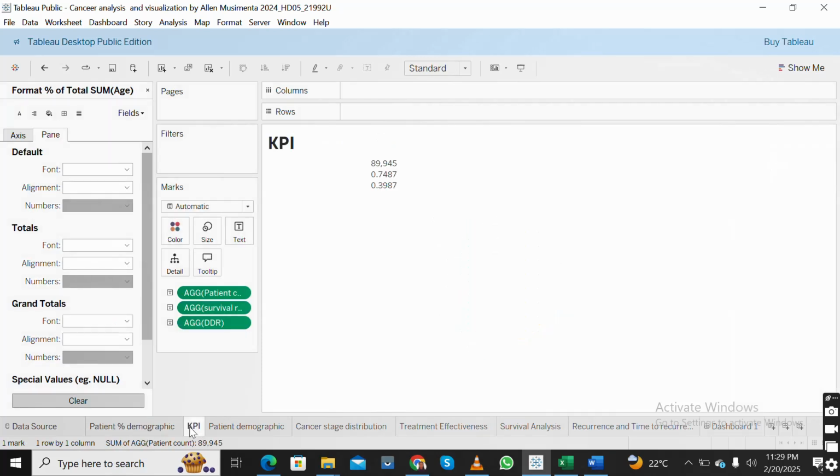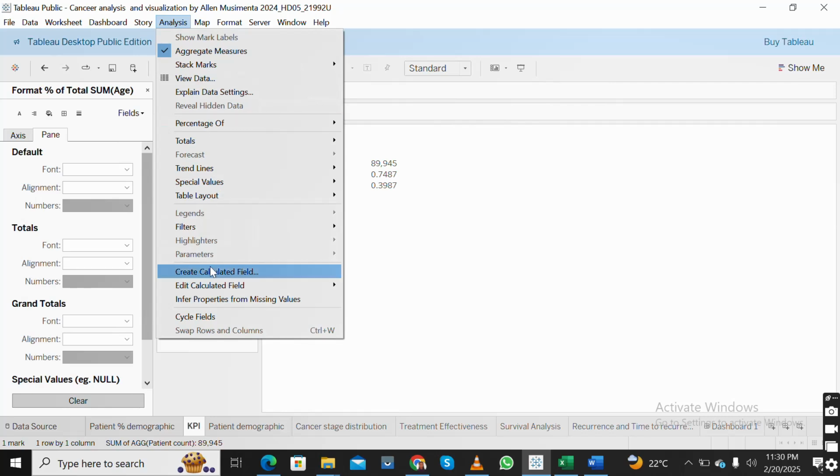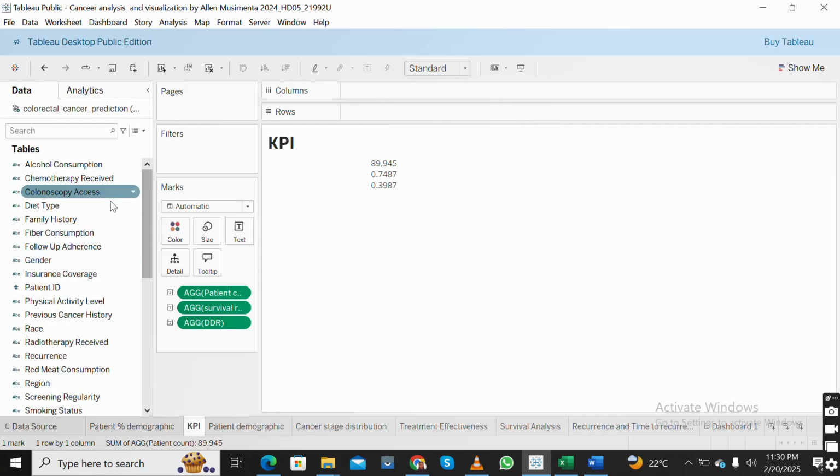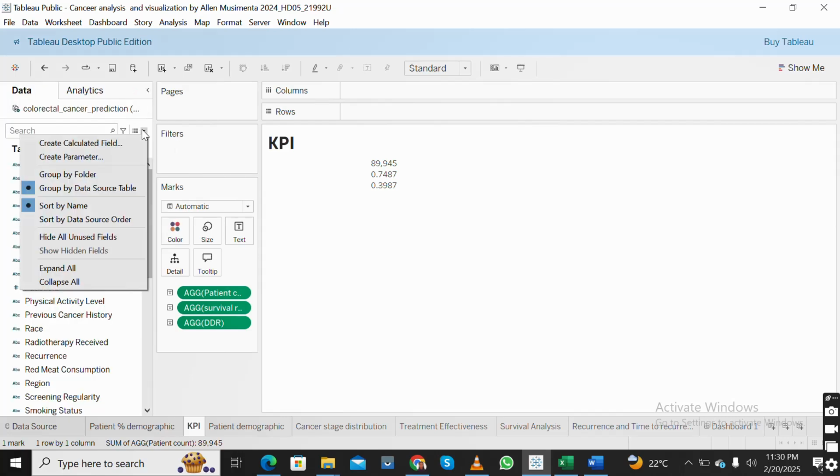And then when you go to KPIs, that is key performance indicators, we are looking at the total number of patients, where we did the count of the patient IDs. And that one is done from here. You can go to analysis, you go to calculate, or you can even go right here, right click, and you go to calculate.